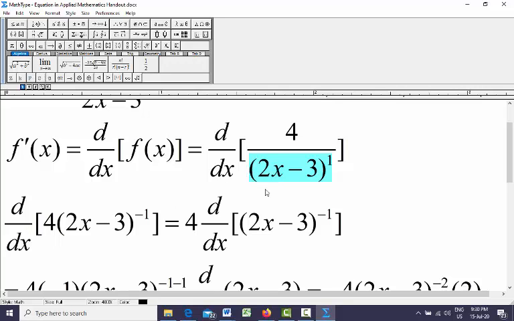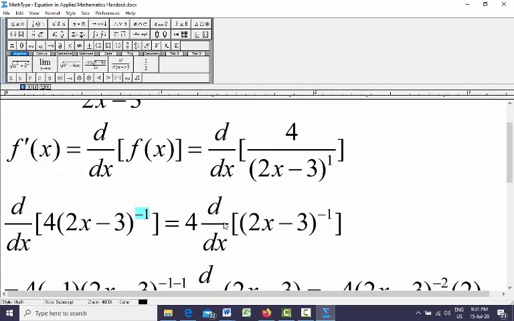If you move this one up, the power will become negative. 4 was already in the numerator, so 4 will be as it is. But if you lift this one up from the denominator to the numerator, the power will become negative.